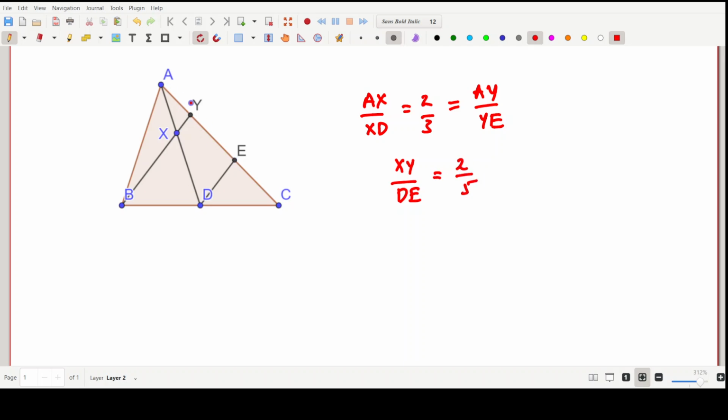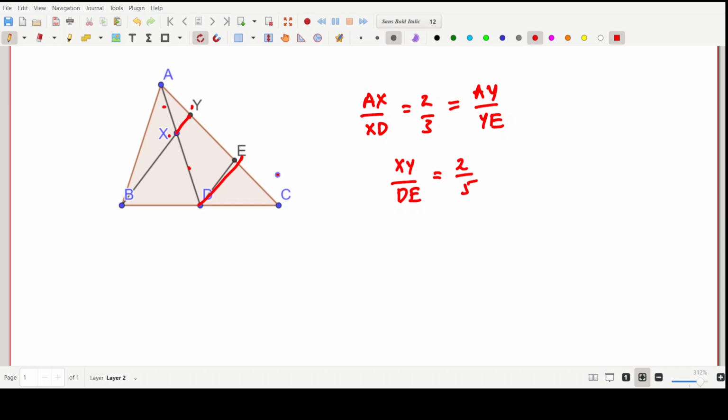By the basic proportionality theorem, in this triangle, AX by AD should be equal to 2 by 2 plus 3. Similarly, XY by DE should be equal to 2 by 2 plus 3, which is equal to 2 by 5.